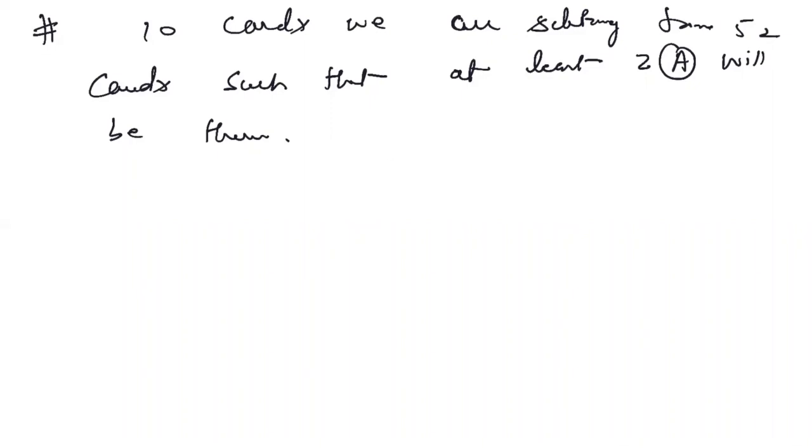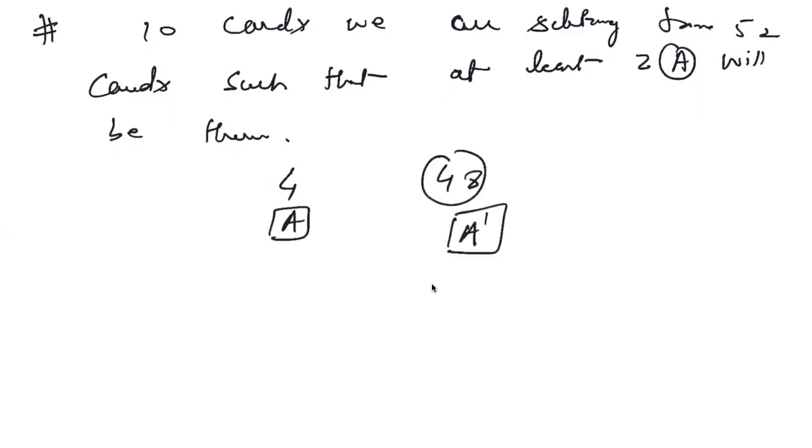So in this question, we can see that 10 cards we have to select, and 4 aces are there and 48 non-aces are there. A dash means the complement of A, right? Case first, we have to select 2 and 8; 3 and 7; 4 and 6, right?